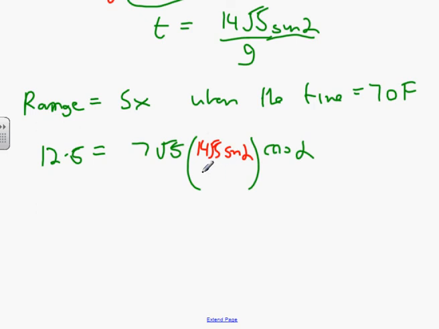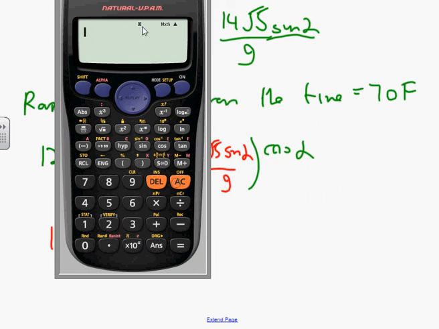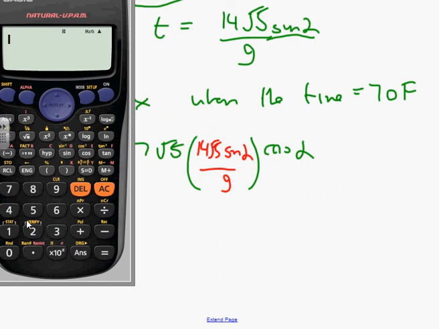Is that right? 12.5 will then equal, now, what's root 5 by root 5? Root 5 by root 5 is 5. Multiply by 7. Multiply by 14. Divided by gravity, which is 9.8. And that turns out to be a very convenient 50 sin alpha cos alpha.